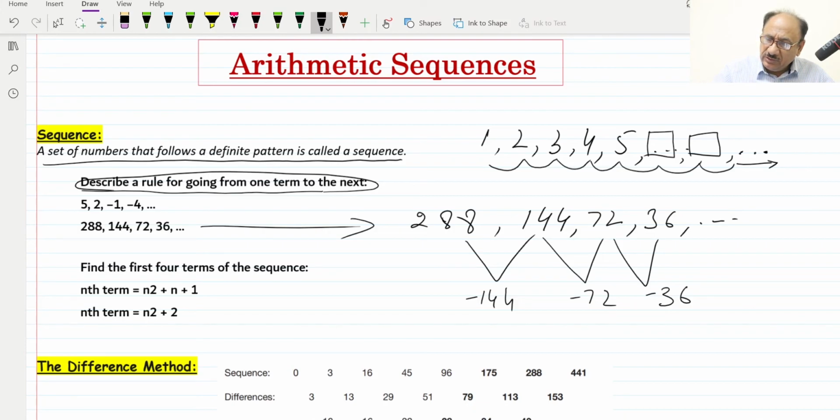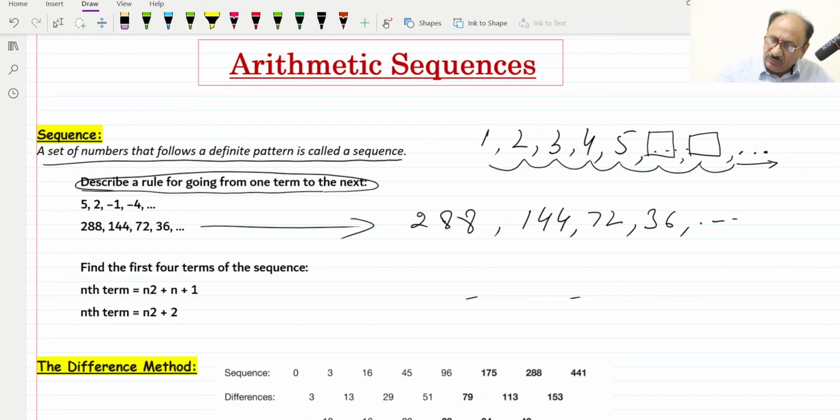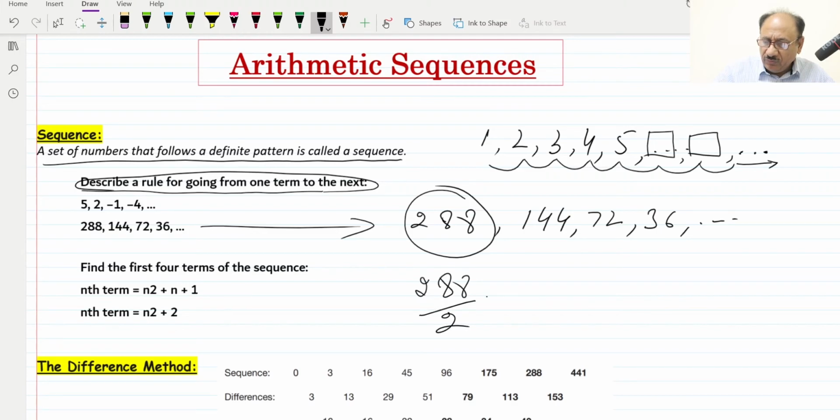Basically, we are reducing the first term by half. What we can figure out easily is that 288 divided by 2 gives 144, and 144 divided by 2 gives 72.